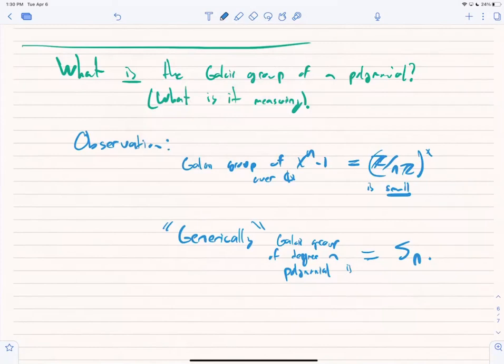The question I wanted to address is that the Galois group is something about the roots of the polynomials, so maybe the question is how to see this at the level of the roots.